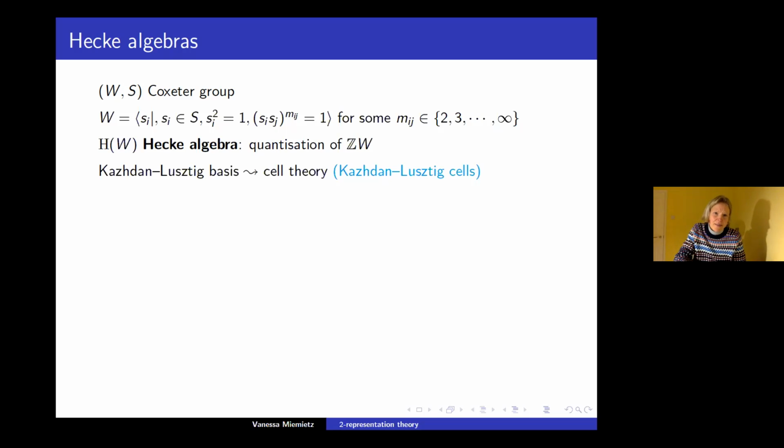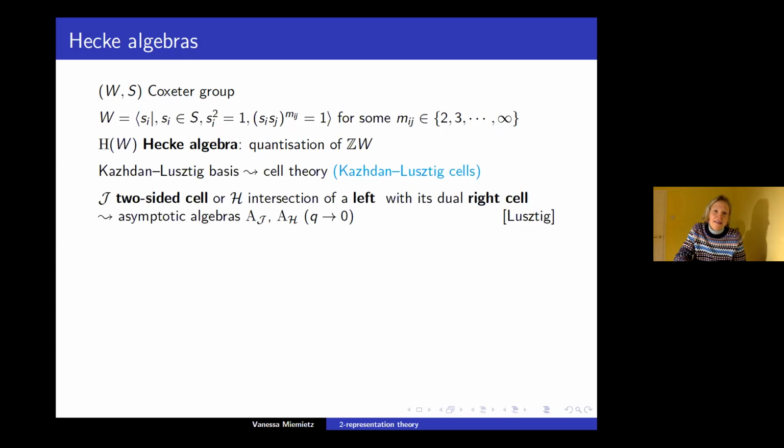So we do get some cell theory, and if we take a two-sided cell, or what we call an H-cell, which is the intersection of a left with its dual right cell, then Lusztig associated the asymptotic algebras to that.